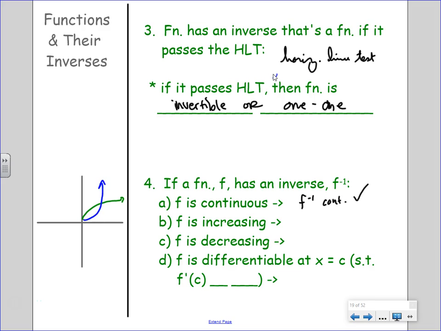It's increasing too. What do you think is going on with decreasing, guys? If f is differentiable at x equals c, well, that's going to be a little bit trickier. But that's where the calculus starts.